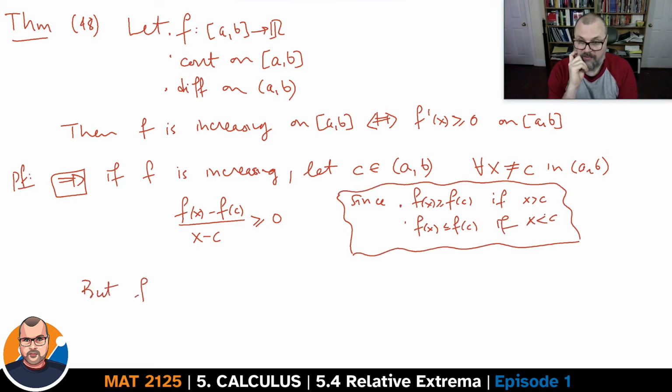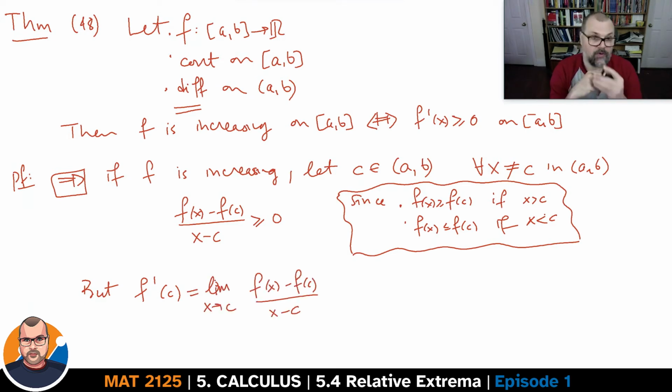But we know that f prime at c exists because by assumption the function is differentiable on (a,b). And we know what the value should be. It's going to be the limit as x goes to c of this quotient. We know this limit exists because c, being in the open interval (a,b), is by necessity a limit point.